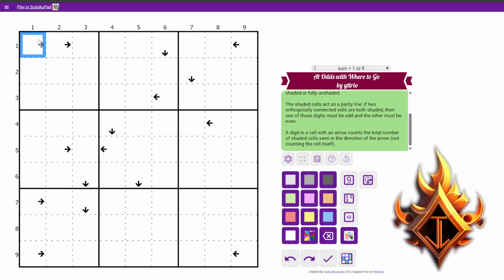I think I've already said if this one is unshaded, then this one would be shaded. This one would have to be shaded. And those would all be shaded.